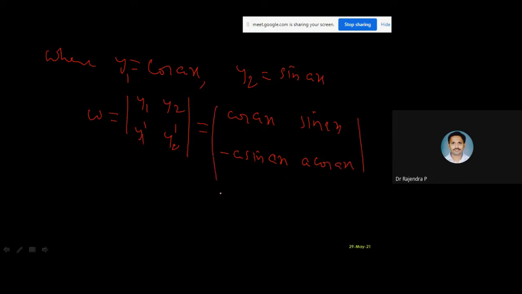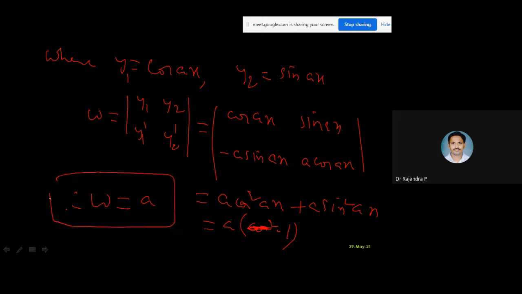So what will we get? We will get a cos square ax minus into minus plus a sin square ax. So we can take a as common into cos square ax plus sin square ax, that is 1. Can I write directly? So it is 1. So W is a. Okay, W value is a, and y1 and y2 are already known, correct?